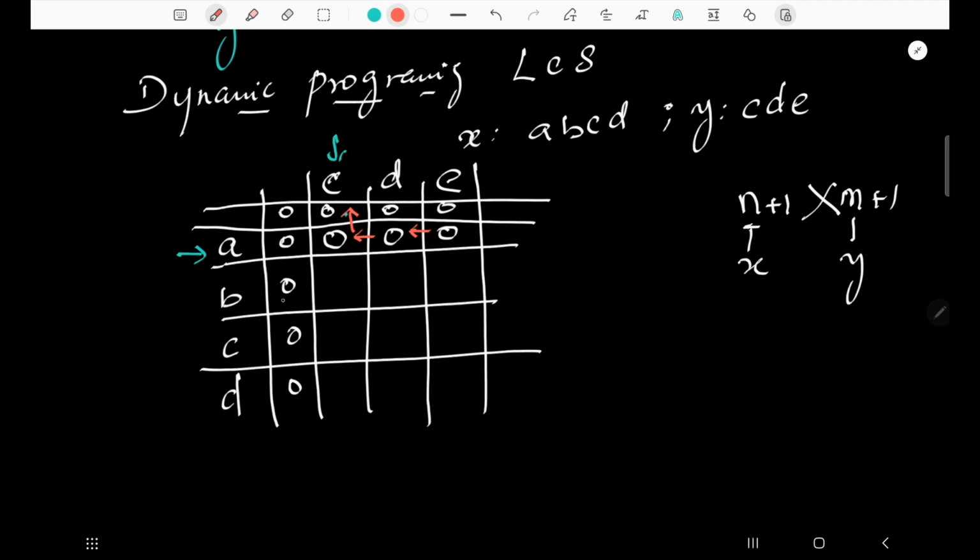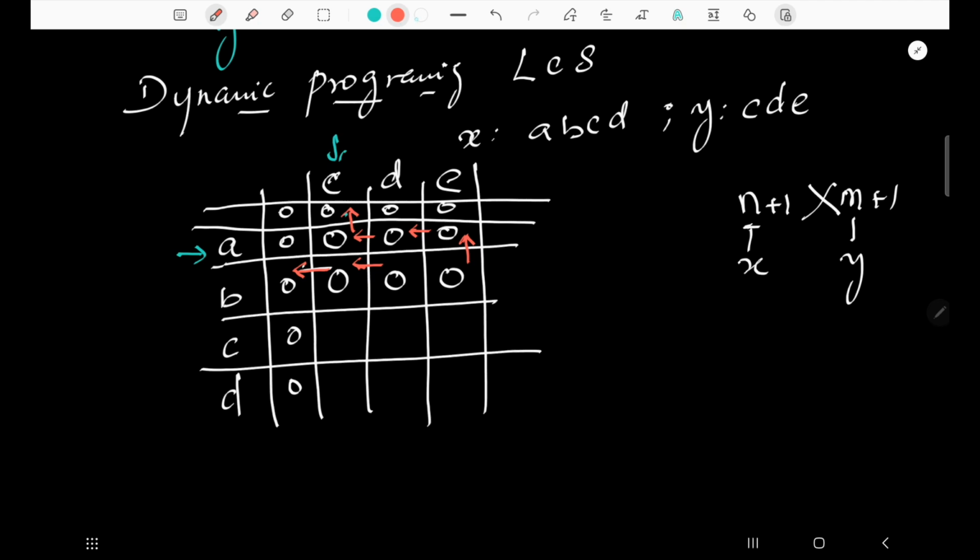Then comes B and C, which is 0. I took the 0 from this side. Then B and D again not the same, so I took from this side. B and E again 0, so this time I take from the upper cell.